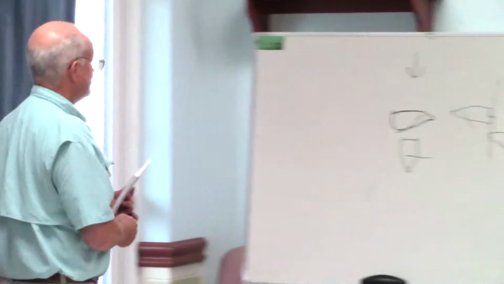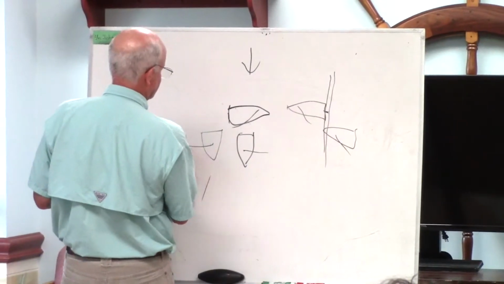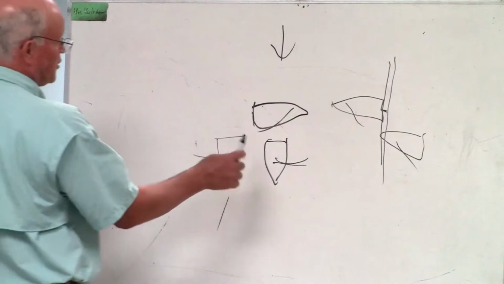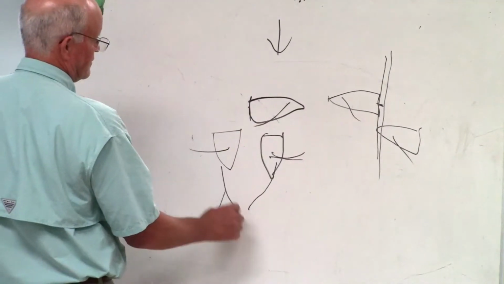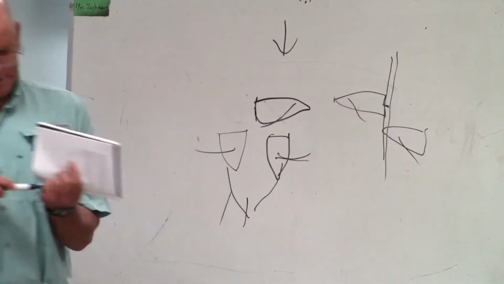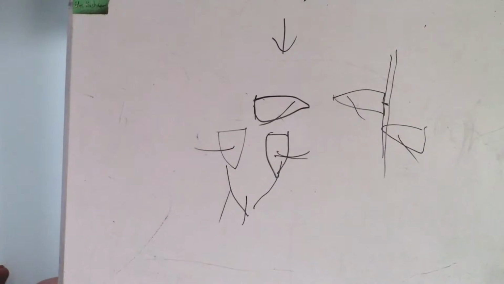But what happens if you're going downwind? You've got a boat on starboard, a boat on port. So the boat on port has to avoid the boat on starboard. Okay?